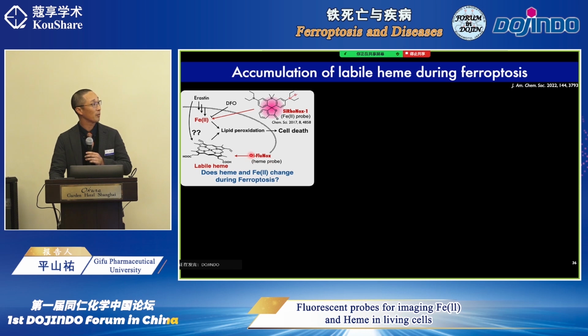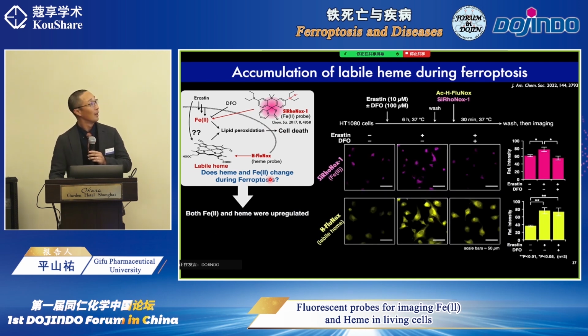We have a heme-selective fluorescence probe, this one, and we also have an Fe2+ selective fluorescence probe. This is inert against heme. This one is a green color fluorescence probe, and this is a red color fluorescence probe. So these fluorescence probes have different colors, and they can be used at the same time.